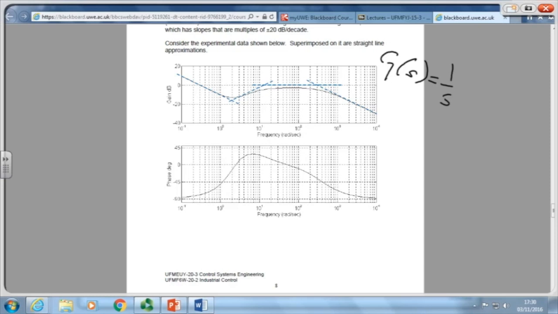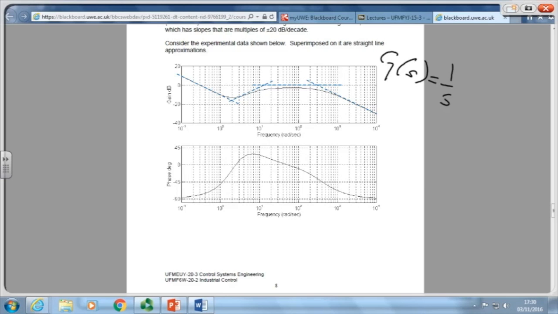If it was an integrator by itself, where would it intercept 0 decibels? Just an integrator with nothing else associated with it would cross that axis at what frequency? 1 radian per second. Well remembered.